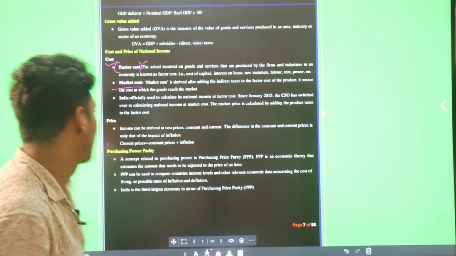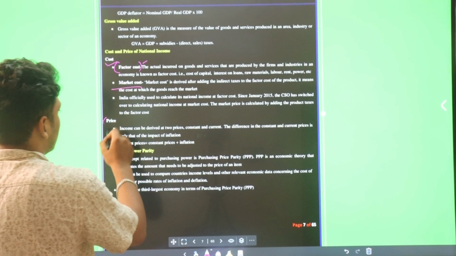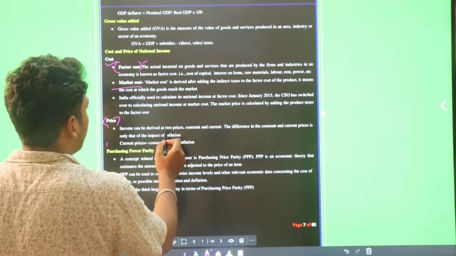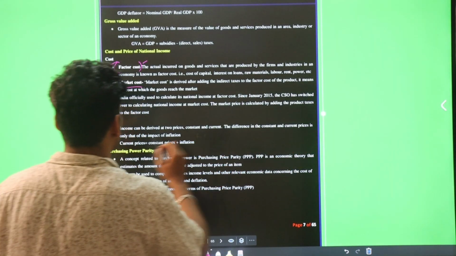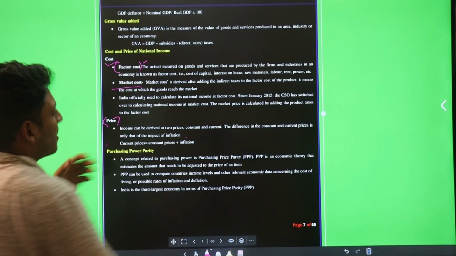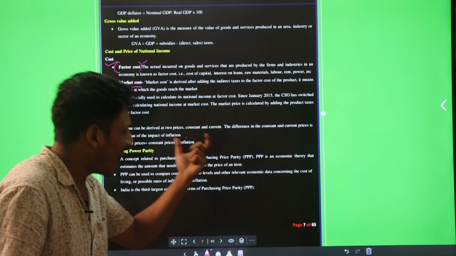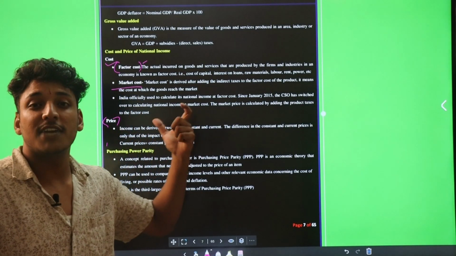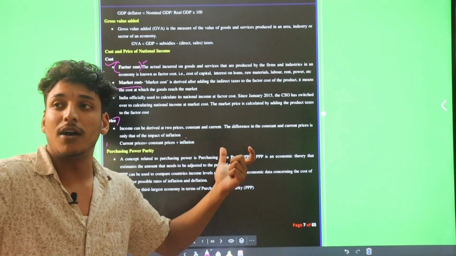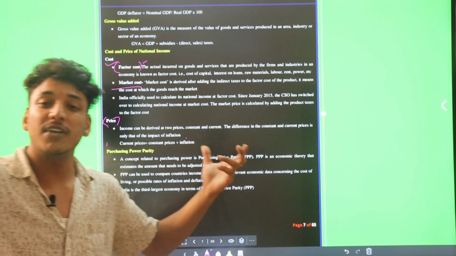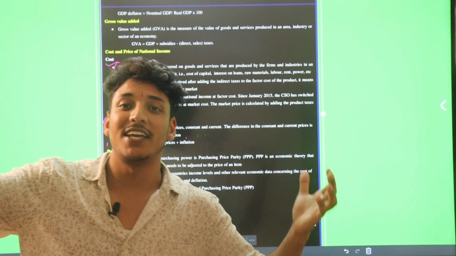That's it. Now price. Income can be derived in prices, constant and current. The difference between constant and current price is only the impact of inflation. Constant price is a price which is without inflation, meaning the price of something when we don't consider inflation.